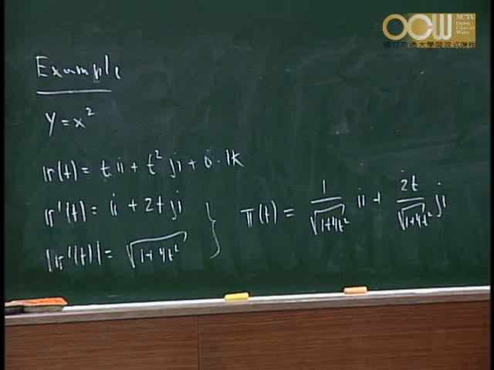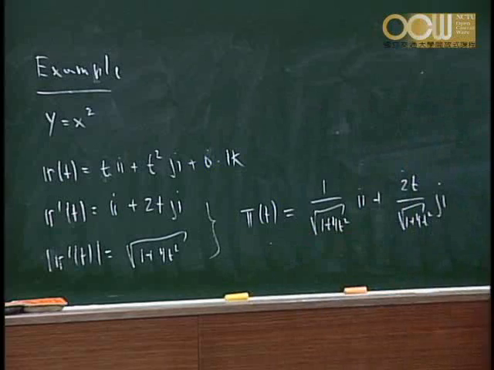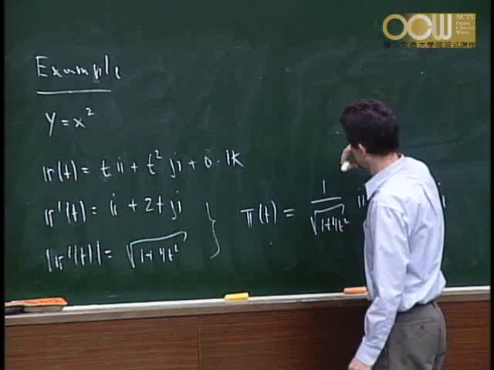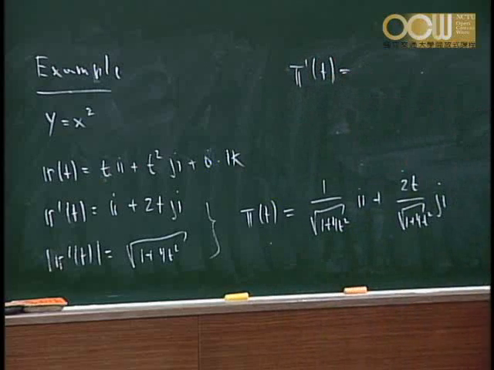Now, if I want to find the unit normal vector, I have to take the derivative once more of this one. Of course, this is now getting more messy.